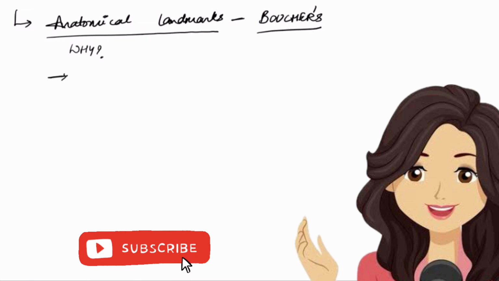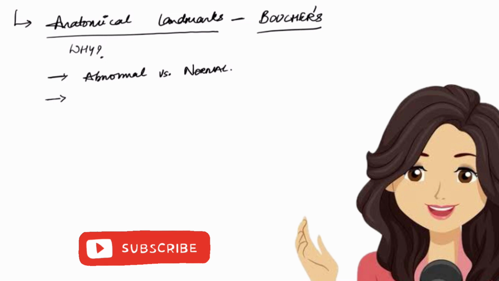The first and most important reason is to identify an abnormal or pathologic structure from a normal structure. By knowing the normal structure, you will be able to identify the pathologic structure present in the mouth.